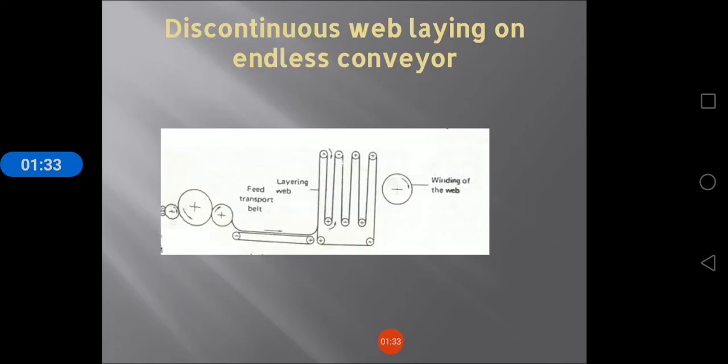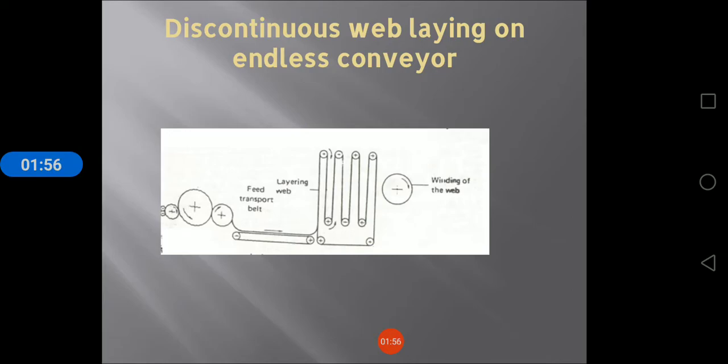In this discontinuous web laying system, there are endless conveyors. This is the carding machine. These are the feed rollers and the cylinder doffer. Only from this carding will the material pass through the process. Carding means the individualization of fibers, opening and cleaning, and conversion of fibers to sliver formation.